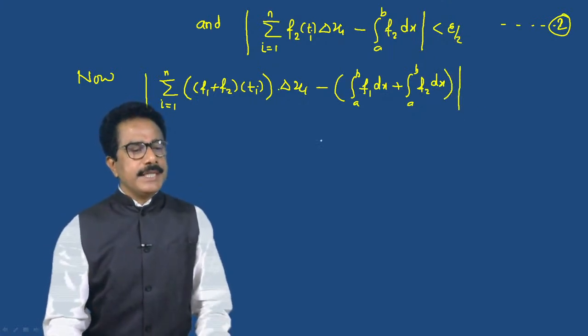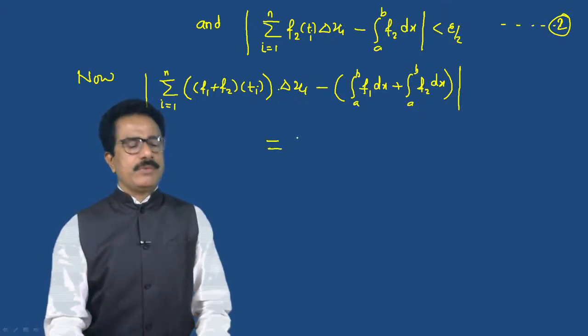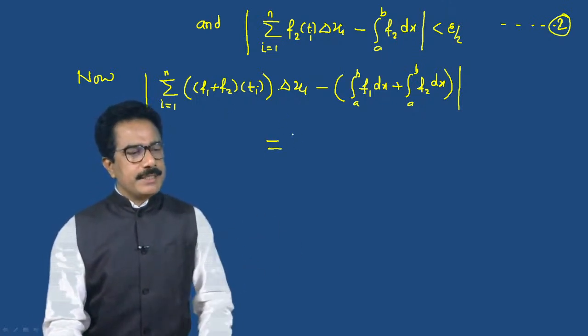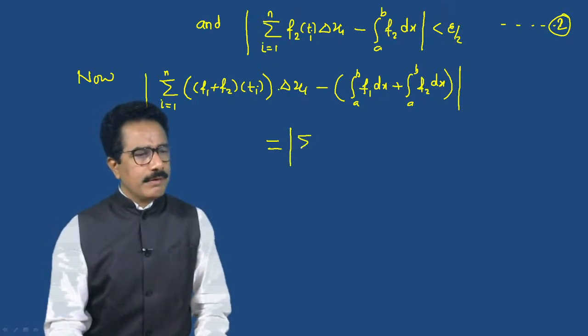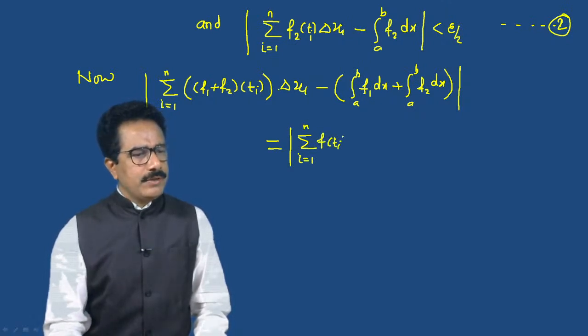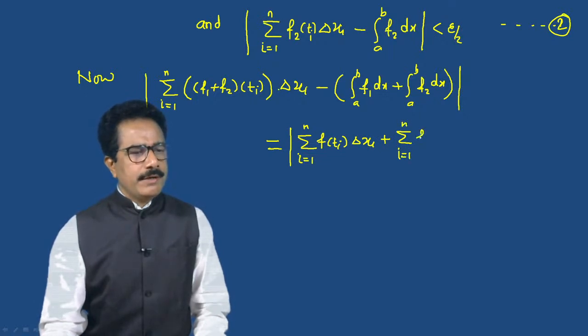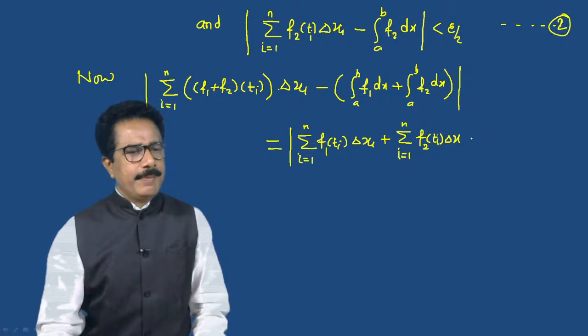The value of this can be written by separating: summation i equals 1 to n f of ti into delta xi, which is summation i equals 1 to n f1 of ti into delta xi plus f2 of ti into delta xi, minus integral from a to b f1 dx minus integral from a to b f2 dx.